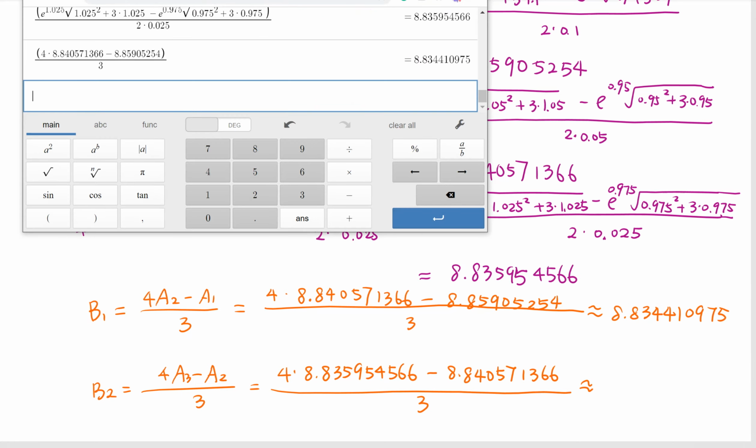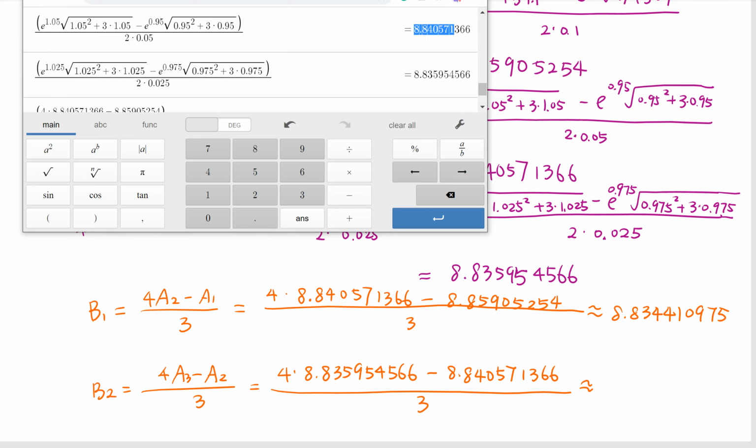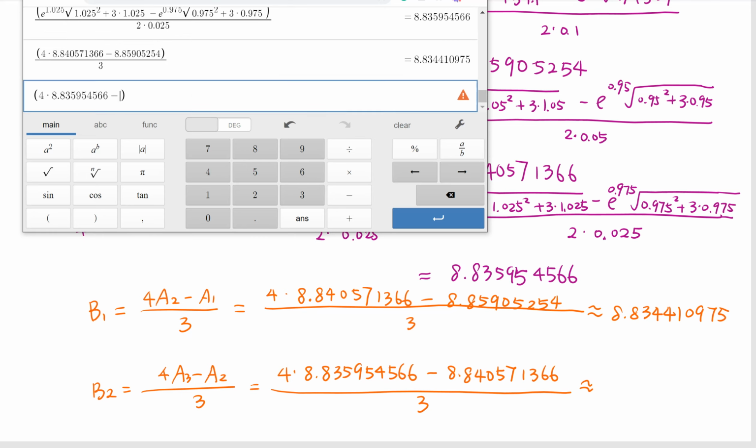So we have 4 times 8.830. Okay, this number. Oh, I forgot the times here. Okay. And then minus the previous number, 8.84. This number, copy down, divided by 3.